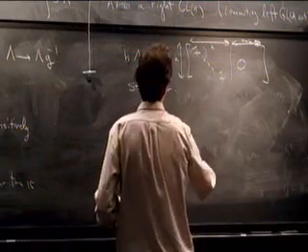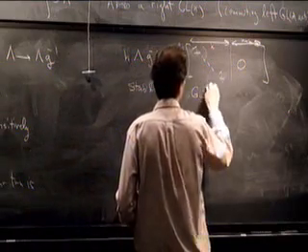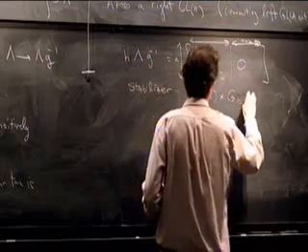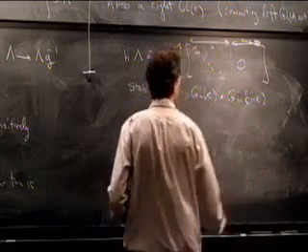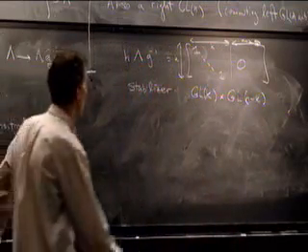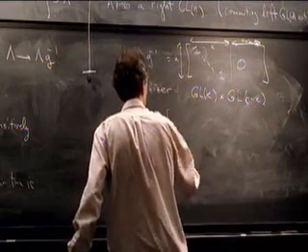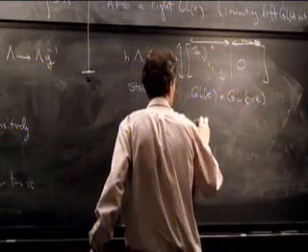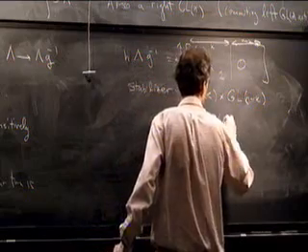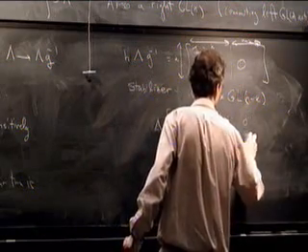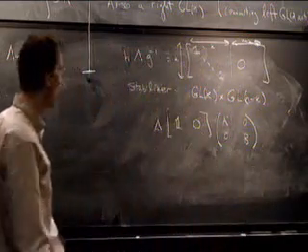The stabilizer is GL_k times GL_{n-k}. You see we have A acting on 1, 0, and then A inverse, 0, 0, B, stabilizer.